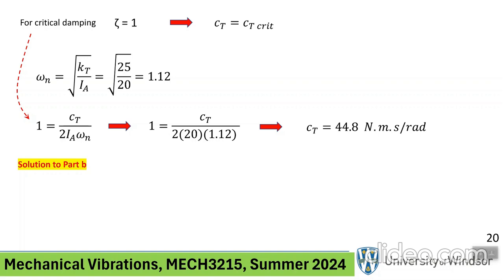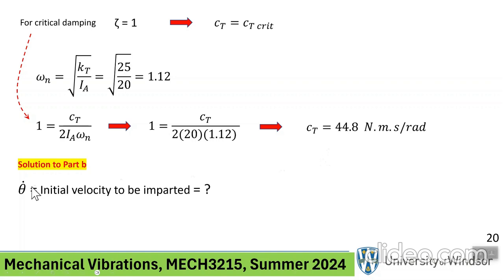Once it opens 70, you can jump out of the room and the door will close. That's what you want. Okay, so you want the maximum opening of the door to be 70 degrees. Find the initial velocity that you have to give the door.